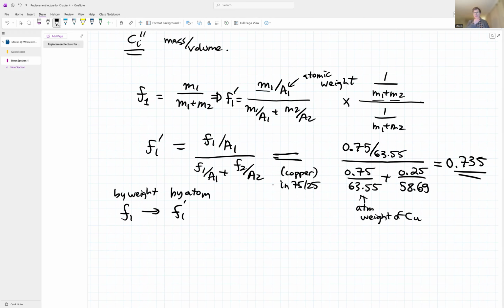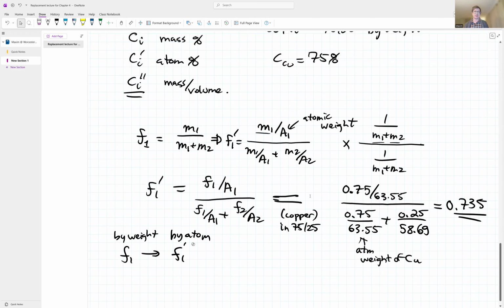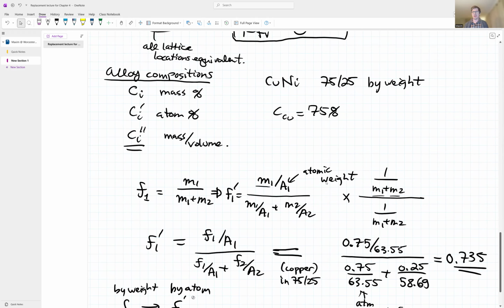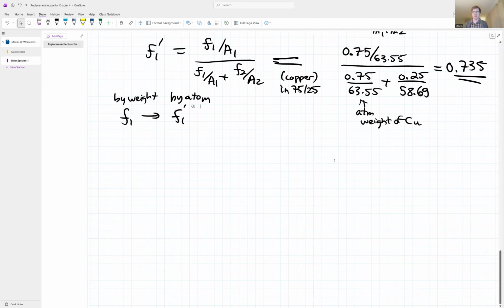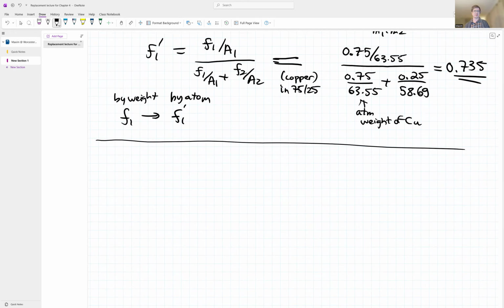Okay, so that's one thing. And of course, you can go back and forth. There's nothing preventing you from doing the same thing backwards. Say you have F1 prime, which is the number of atoms of some component one over N1 plus N2.